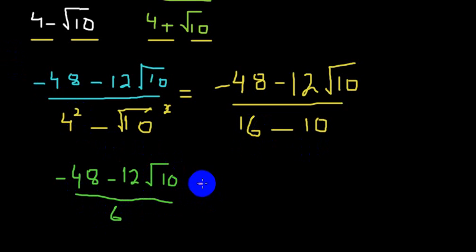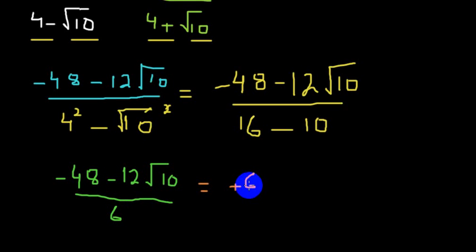Okay. Now we can simplify it further. 48 and 12 both are multiples of 6. So now we will factorize the numerator. We can take 6 as our common factor.